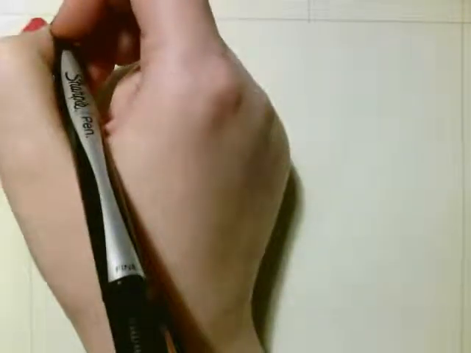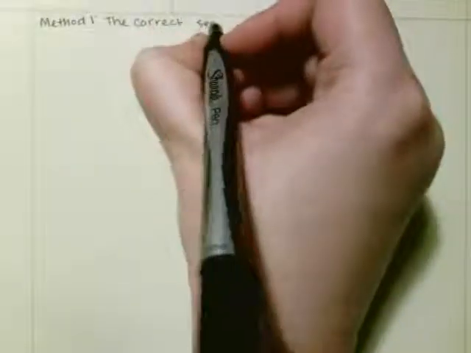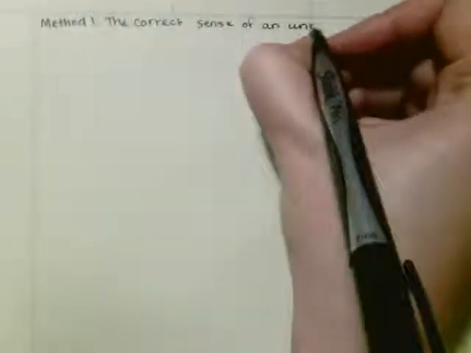In method 1, just like in the method of joints, the correct sense, aka direction, of an unknown force can be determined by inspection.